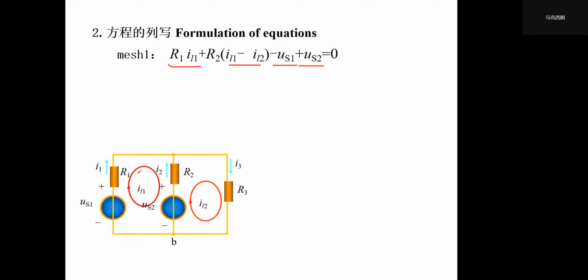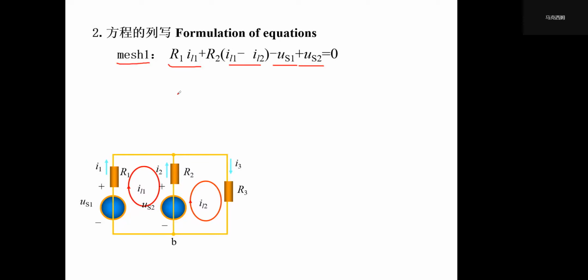So it's IL1 minus IL2 according to the circulation direction of IL1, since we are listing it in mesh 1. So its voltage is R2 times (IL1 minus IL2), since those two are circulating in the opposite direction on branch 2.